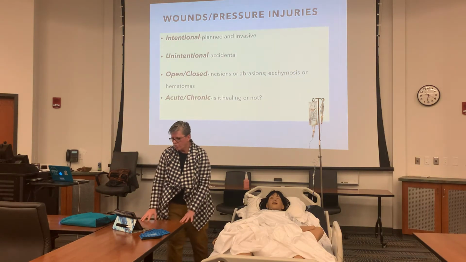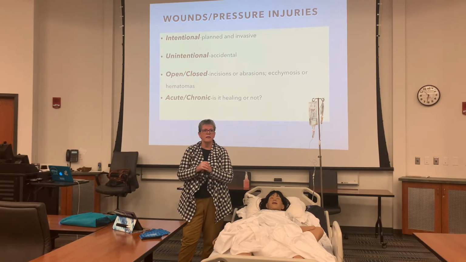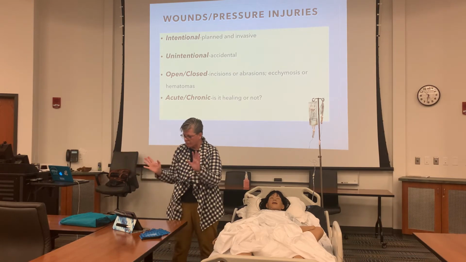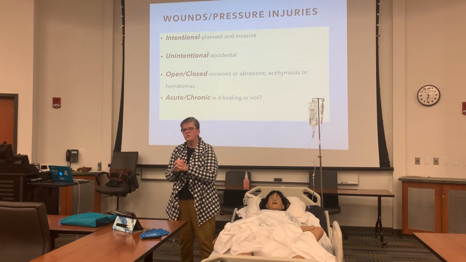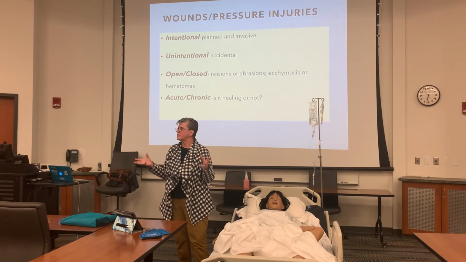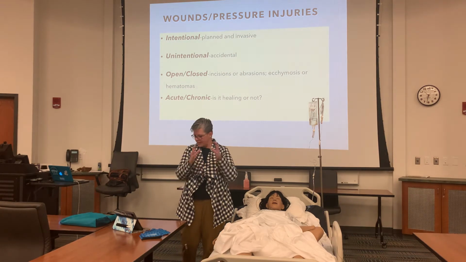All right, so wound or pressure injuries. They're categorized like this: intentional, unintentional, open and closed, and acute and chronic. So intentional would be, I need to go have my gallbladder taken out. I schedule it, I go in, it happens, right?